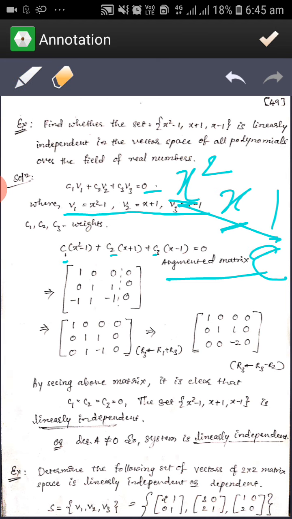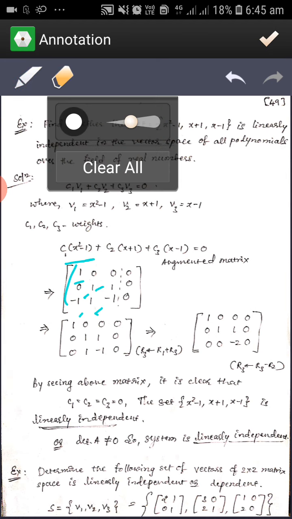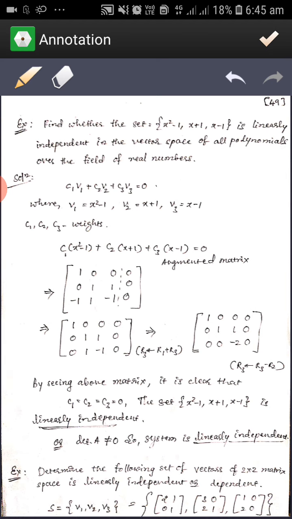In the first one, x square is there, no x term, and the constant term is minus 1. In the second, the x position is there and a constant, but no x square. In the third, the x position is there, minus 1 is there, and no x square term. Like this we need to write the matrix from the given set of polynomials.